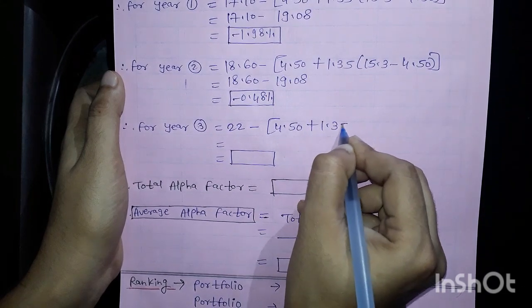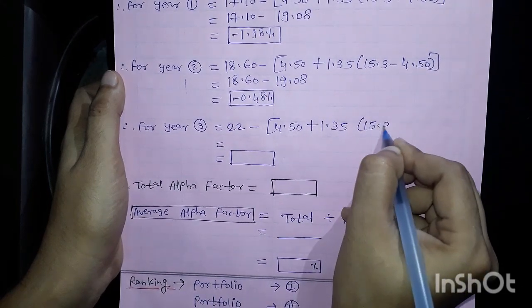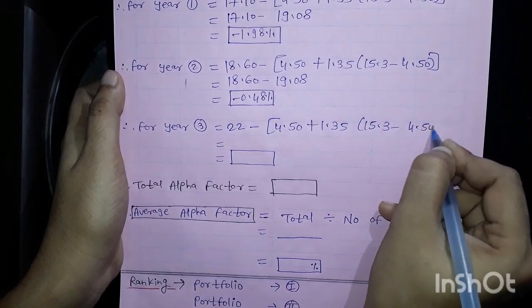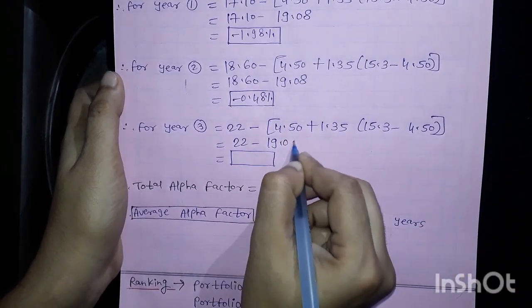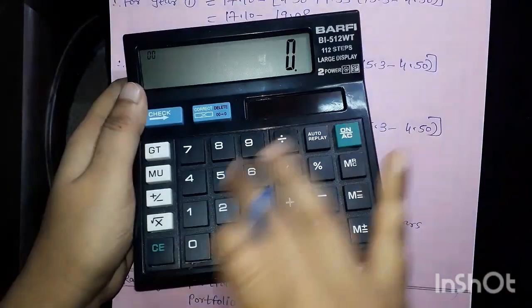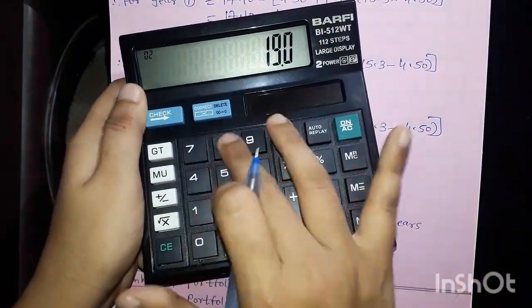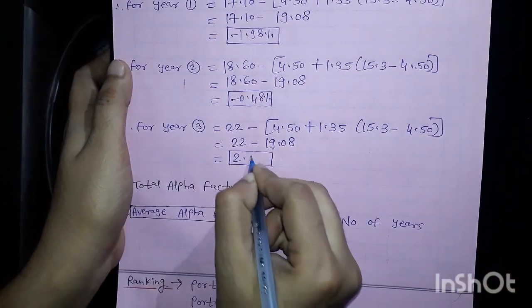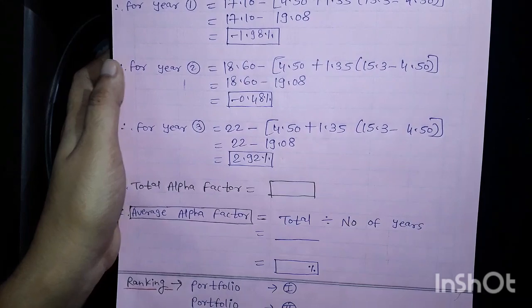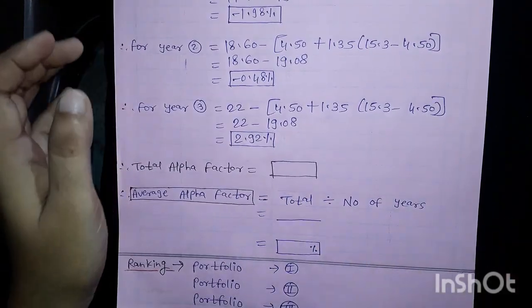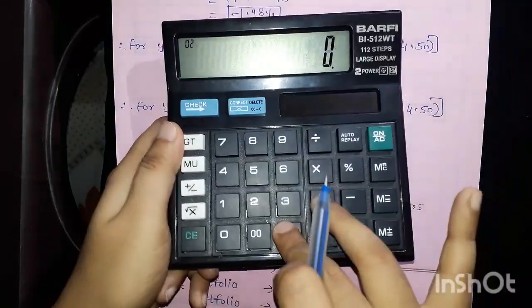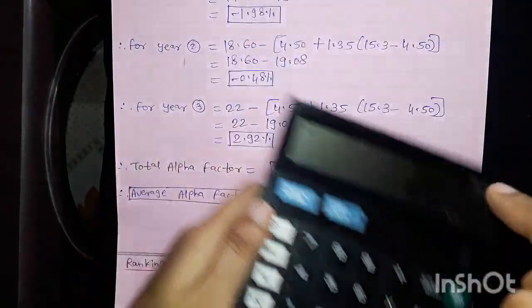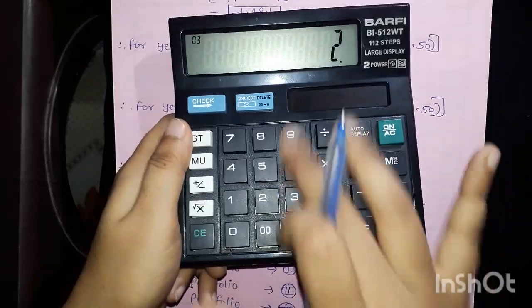So 22 minus 19.08, 22 minus 19.08, here I got 2.92%. Okay, now the total alpha factor, so I will take the total 1.98, which is in minus, plus 0.48, which is in minus, plus 2.92.